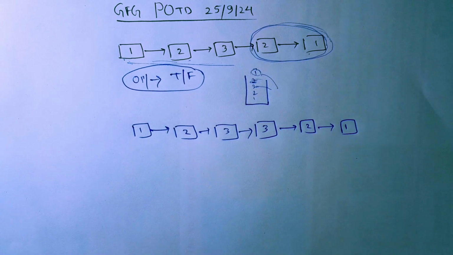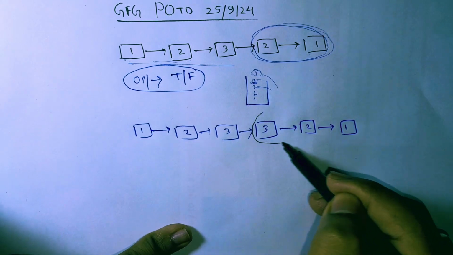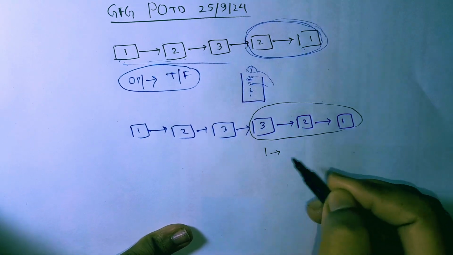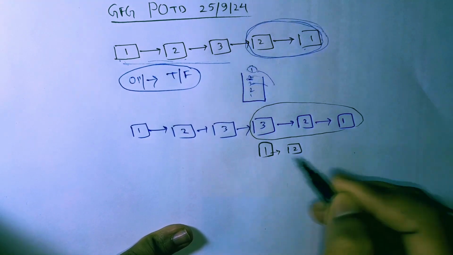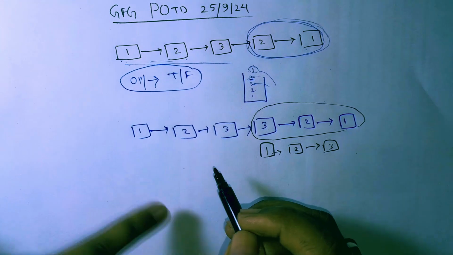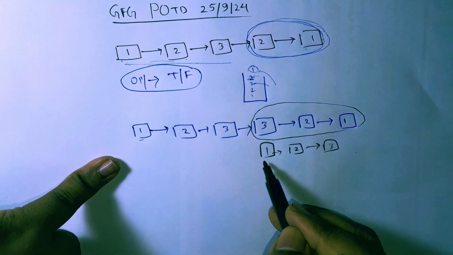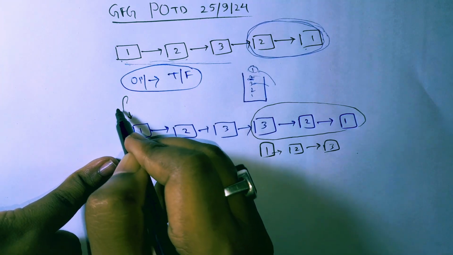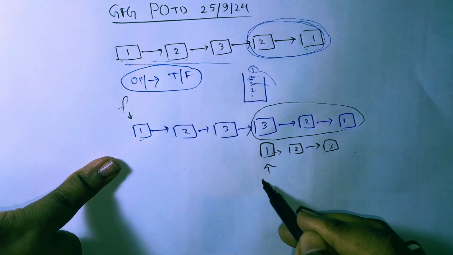So if you reverse this part only and check, after reversing the linked list will become 1 2 3. Suppose one pointer is here, the first pointer, and another is the second pointer.